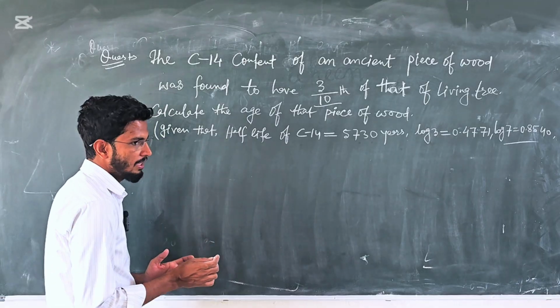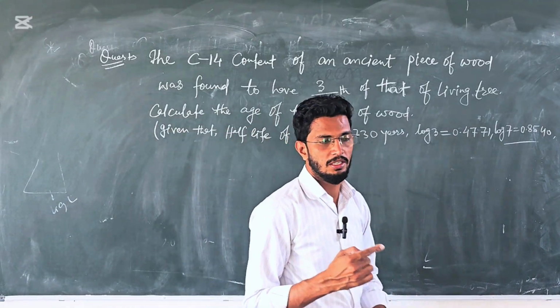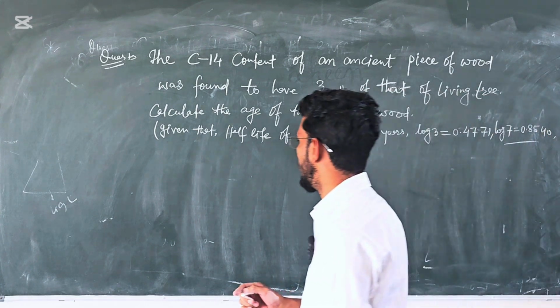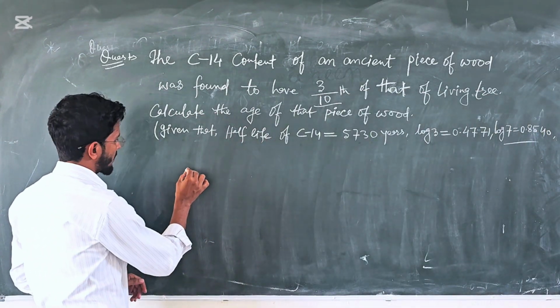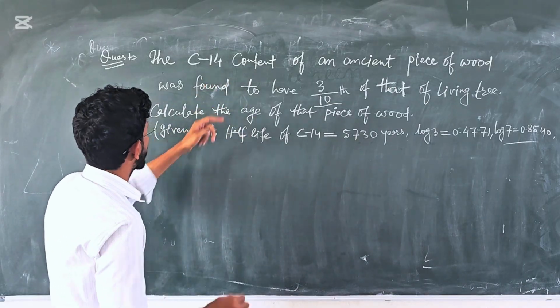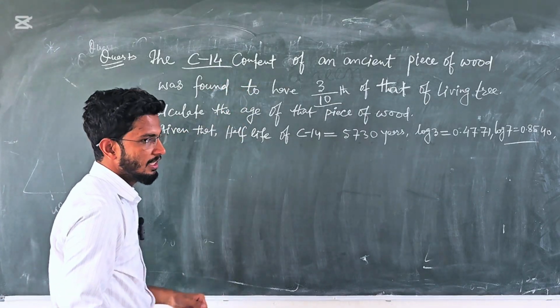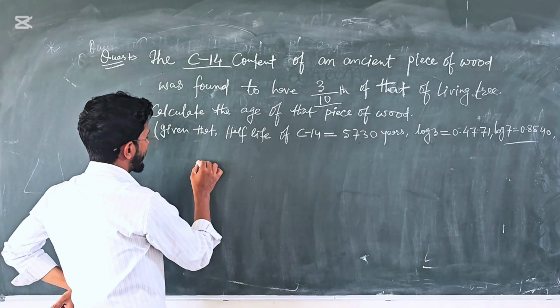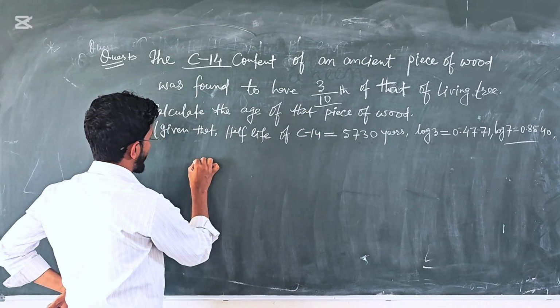As we know, if we want to calculate the age of the wood, we have to know the value of K. First of all, we apply the equation of first order kinetics, because all radioactive decay follows first order kinetics.